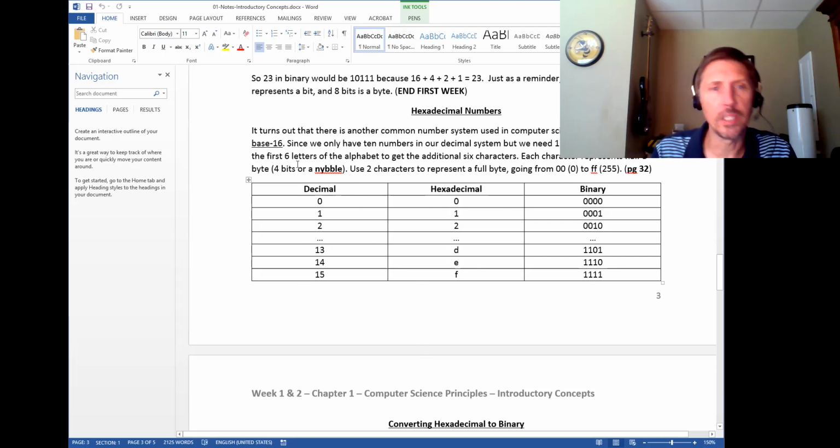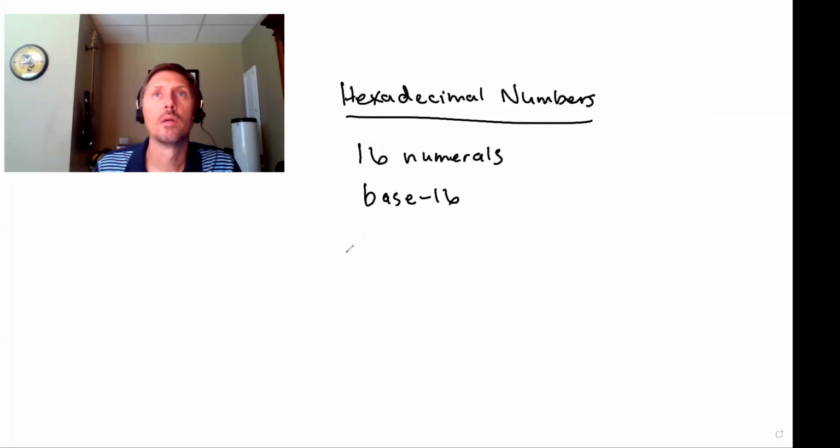And so as you see in my notes here, each character represents half a byte. So when you see a hexadecimal number, it's half a byte. We learned last week that a byte is 8 bits, right? So let me go back to our whiteboard. A byte is 8 bits.